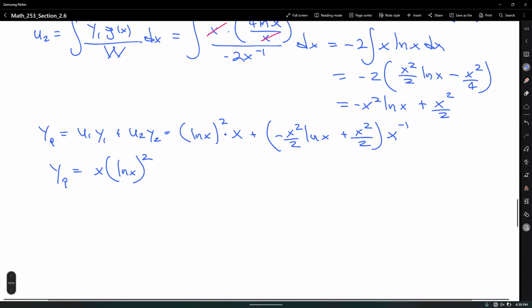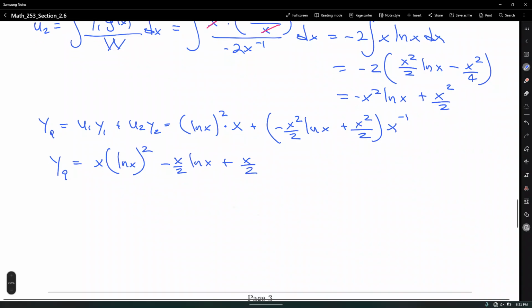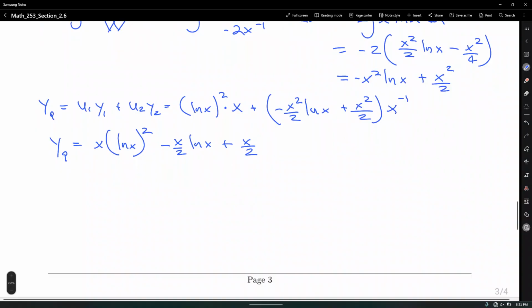That's negative x over 2 ln of x. And over here, plus x squared times x to the negative 1, that's x over 2 also. Do we have anything to simplify? No, I believe that's about it.